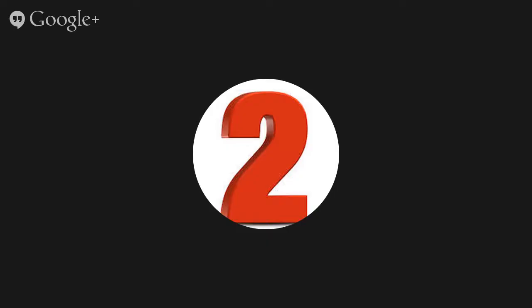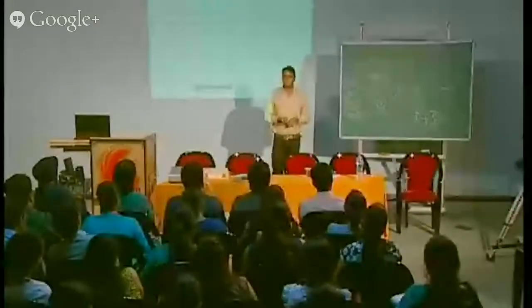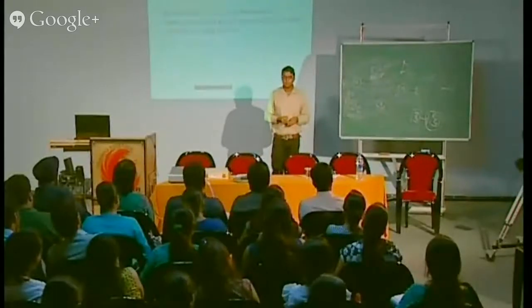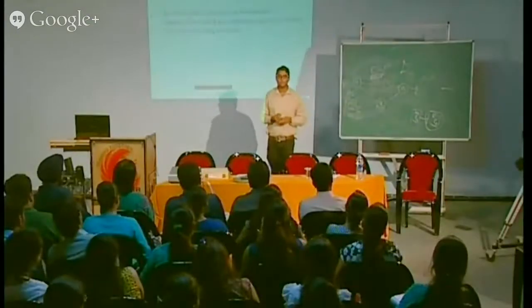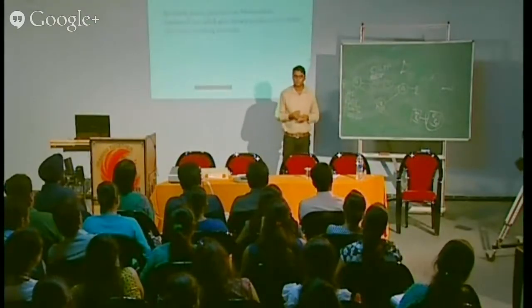The EIGRP path will be given the preference. Why? Because its AD is less. Is it clear? I'll introduce a new term tomorrow. It is metric. We'll be covering it tomorrow. Okay?